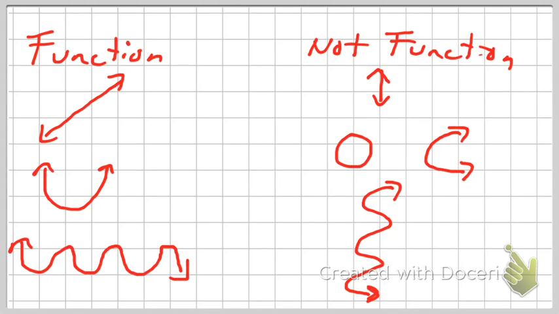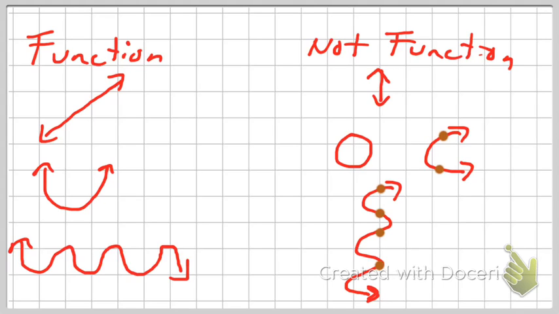So there are graphs that are considered functions. In other words, they could be used as an enrollment of Eureka High School graph. And you've got graphs that are not functions because they have multiple representatives for the same year in that enrollment example.